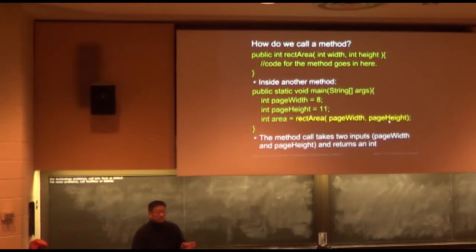That will work, but in fact that's kind of a bad stylistic way to approach it because that makes it a little bit confusing between what's here and what's being used here. And it also might be really inconvenient if you want to use these variables for something else. So what's happening here is simply we're passing these values in. It's getting the values out of these variables and providing the integers inside those variables into rect area for the method.